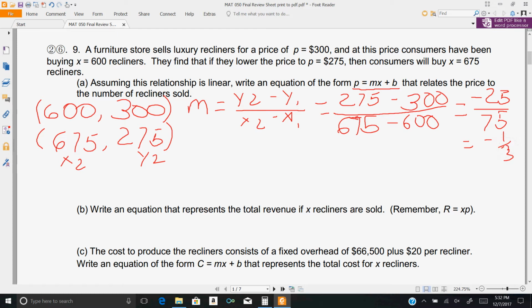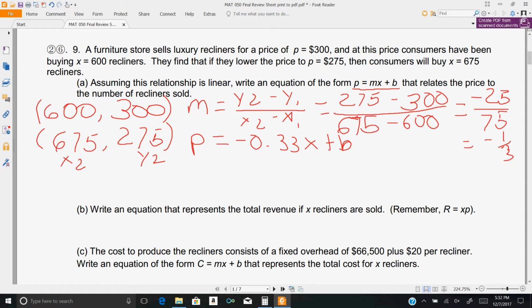So I write the equation. P equals negative, I know 1/3 is 0.33, so I'll write 0.33x plus b, which I don't know yet. I don't know b. But I've got a good strategy, because I know this equation has to work for the 600 and the 300.